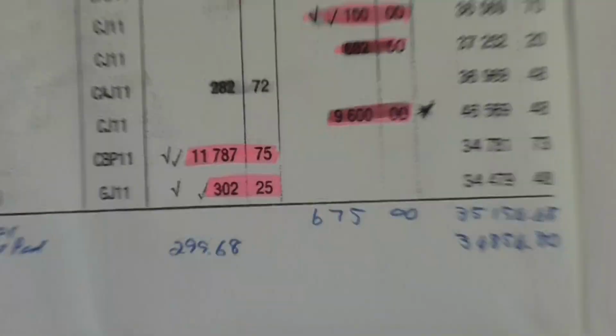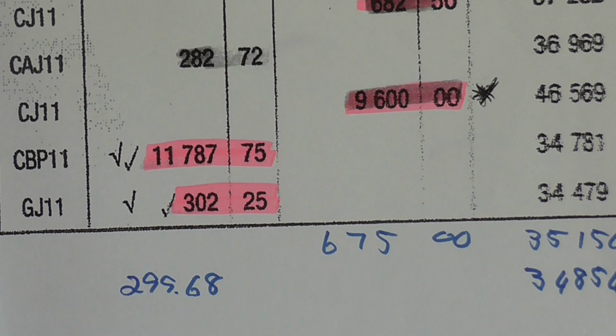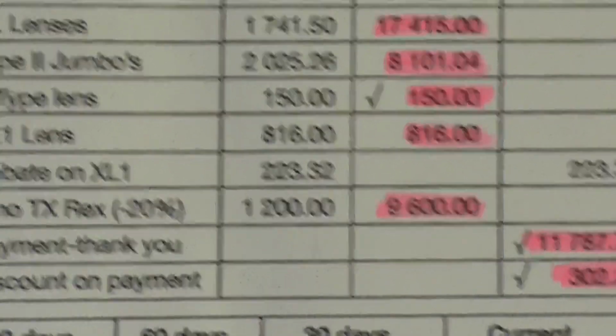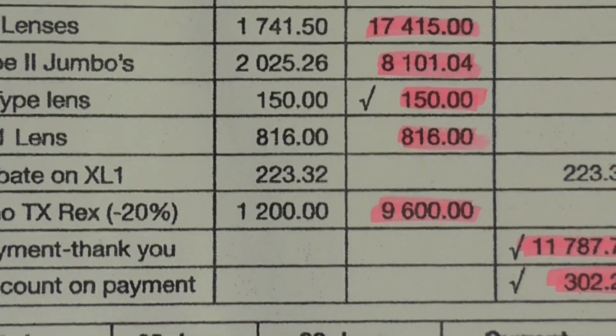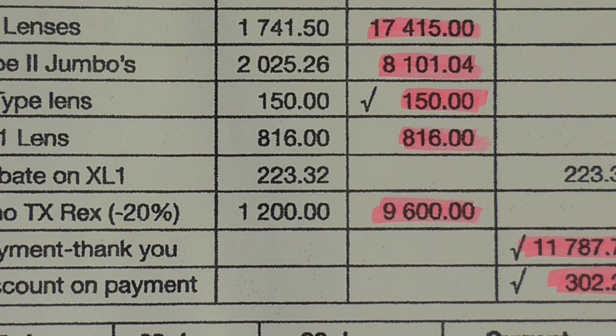T10 we've got as 282.72. Great. And they've got T10 minus 223.32. So in other words, the difference for that amount is 59.4.